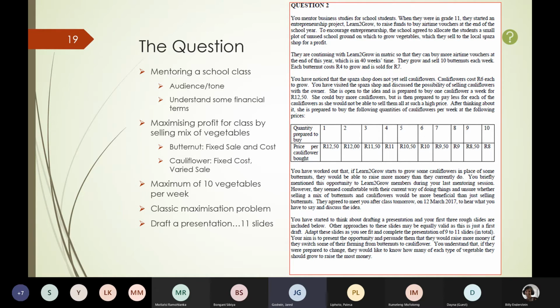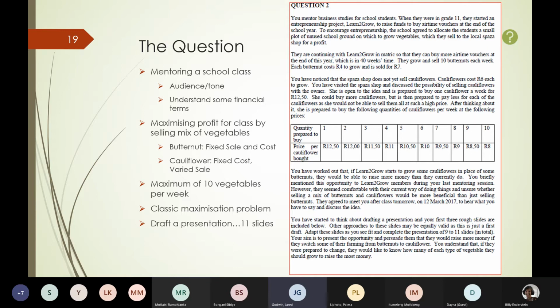You are constrained in that you only have 10 vegetable spots per week. If you had infinite space, that would be a different ball game, because maximizing profit would be different. That's also important.